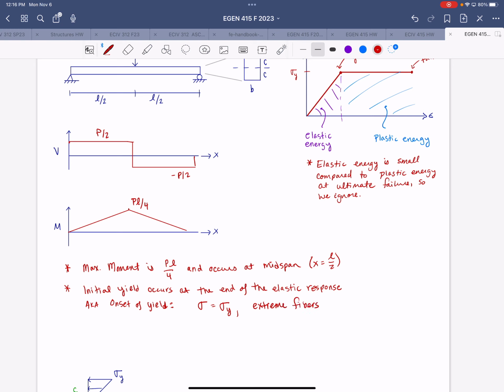In the last lecture, I made a distinction because that was much more general, where you apply those concepts to systems that might have stress in the y direction. So at the onset of yield, that means the extreme fibers have just started to yield, and that would occur where the moment is maximum at midspan.